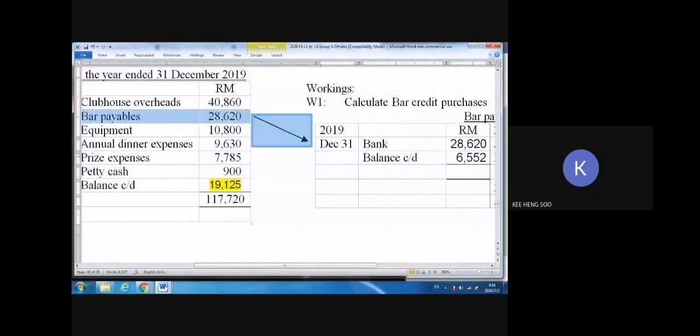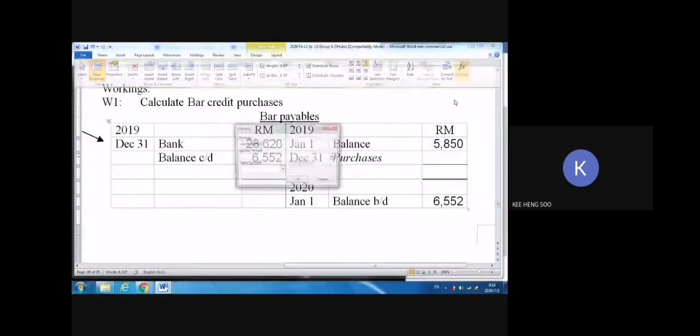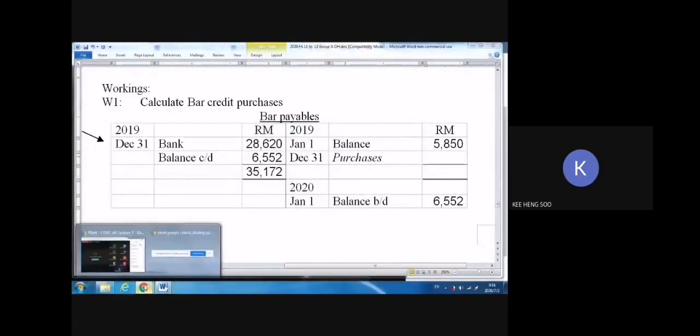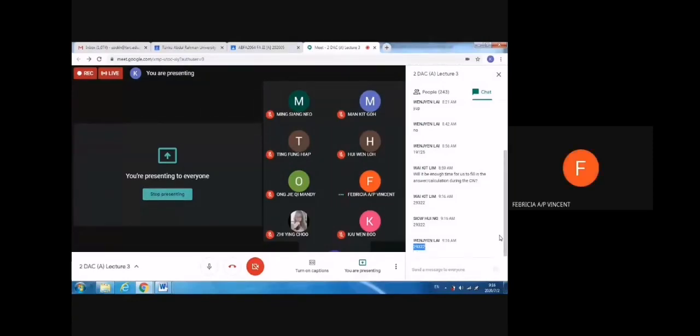I make payment to the bar payable, receive the money. Double entry. So can you get the missing figure here? Purchases. Someone tell me what is the purchase figure? Anyone? Very good. 29322. Sure or not?